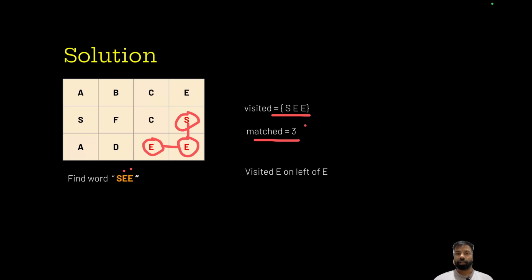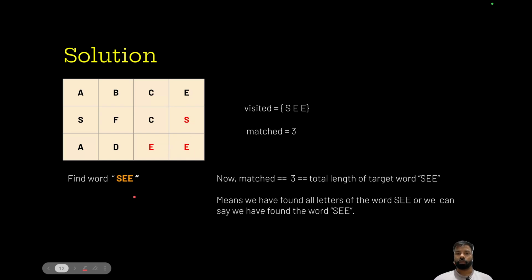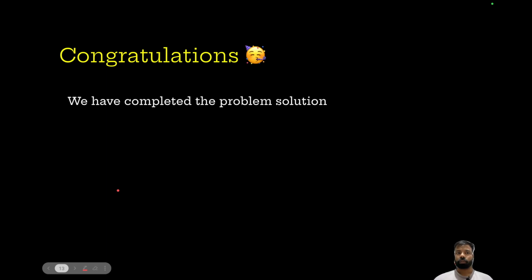So the currently matched characters, there are total 3 characters which are matched, and 3 is also the length of the target word. That means we have found all the characters in the target word, or you can say that we have found the word. Therefore, we have solved this problem.